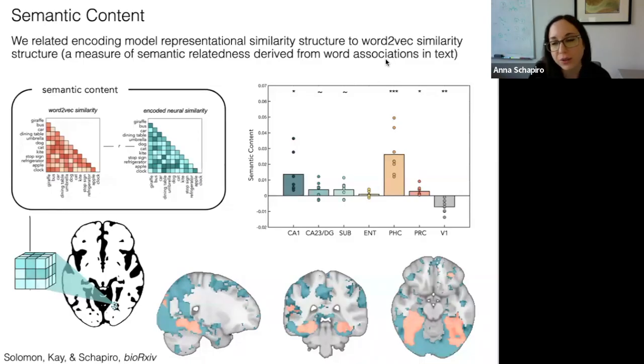And the idea is that if you see this relationship, it's bringing you out of the visual domain, probably into something more semantic. And we find that there's a subset of regions here that represent those more semantic aspects of the objects. So a lot of ventral visual stream more anteriorly, and region CA1 represents this structure, which is interesting to us, and then the parahippocampal cortex very strongly.